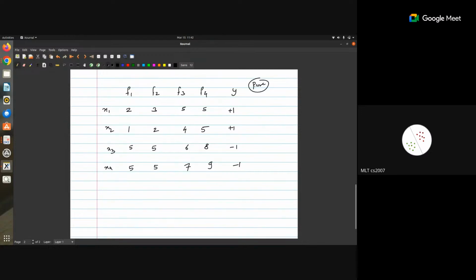We call a data set pure when all the labels corresponding to the data points are of the same nature, either all the positive class or all the negative class. If it is not, we call it an impure data set.